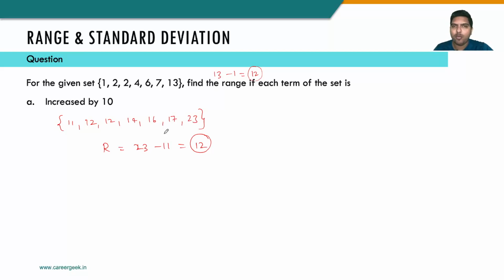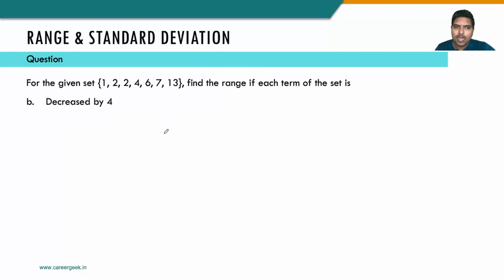Unlike mean, median, mode, range does not change with addition of a constant. Why? A set is there, you are increasing each and every term of the set. That means the entire set is getting shifted to some other place. But since each value is shifting by the same amount, the range is not going to change. So ideally for decrease also this should work, right?